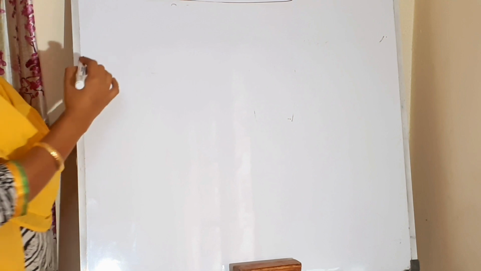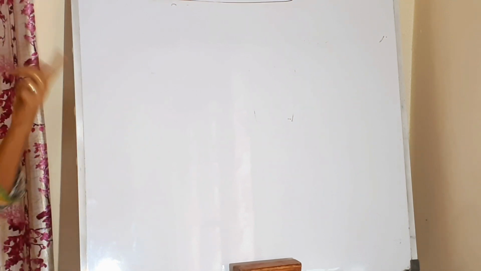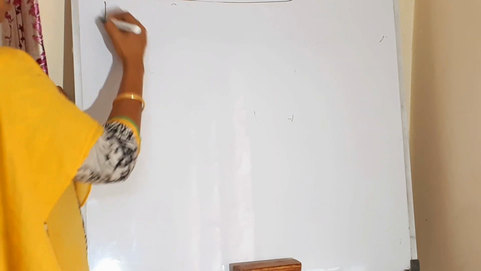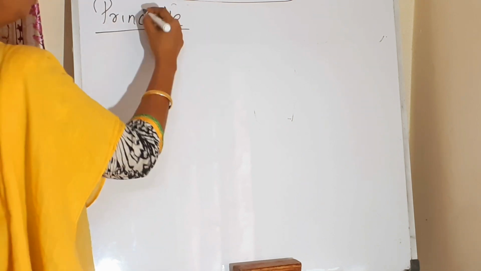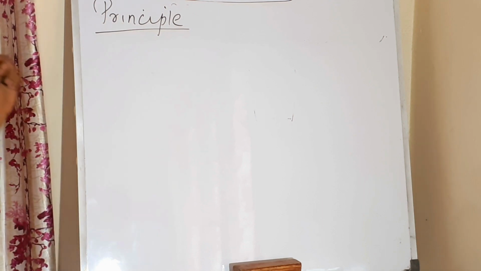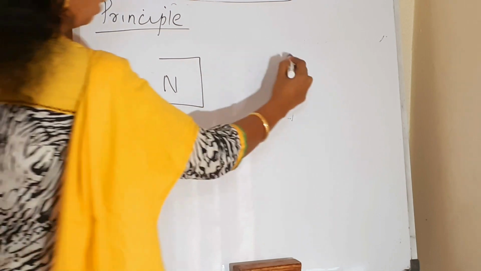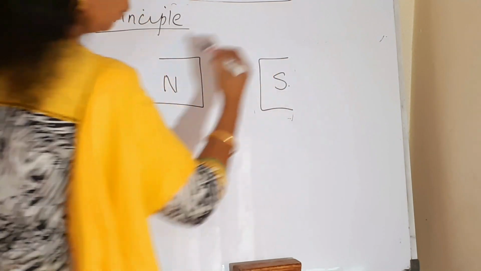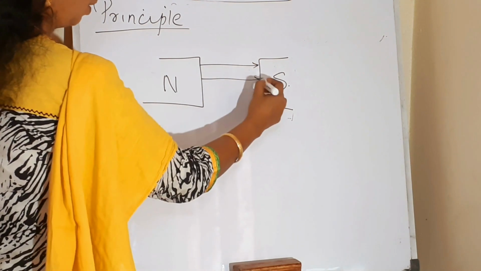So we are going to study the principle of a power station, how electricity or how AC is generated in a power station. That is the common principle behind any type of power station. It has a magnet having a north pole and south pole, and if there is a magnet, there will be a magnetic field around it.